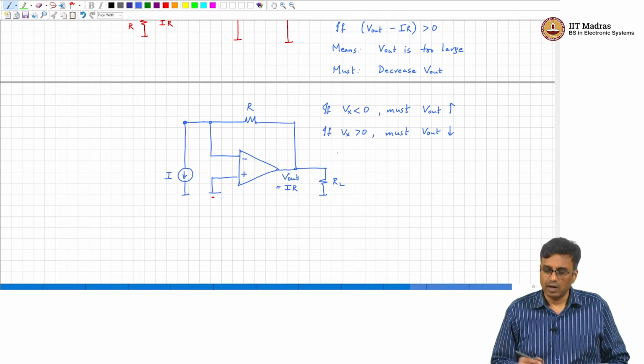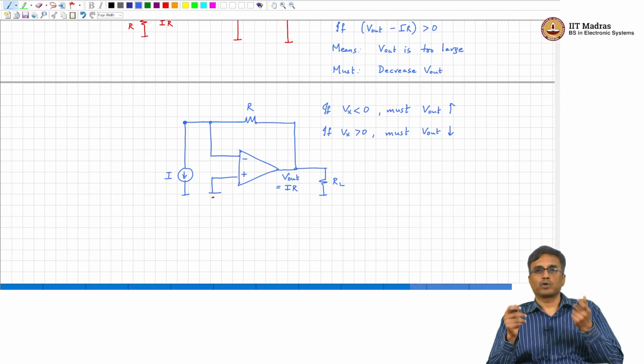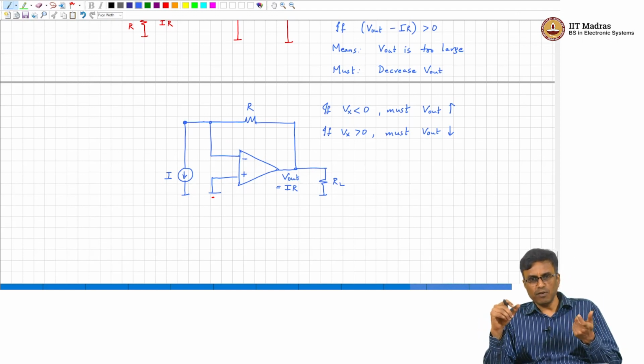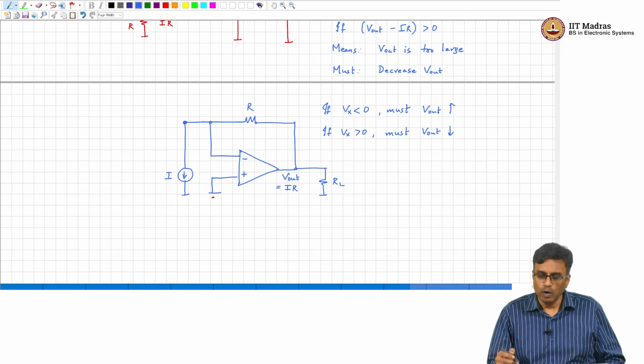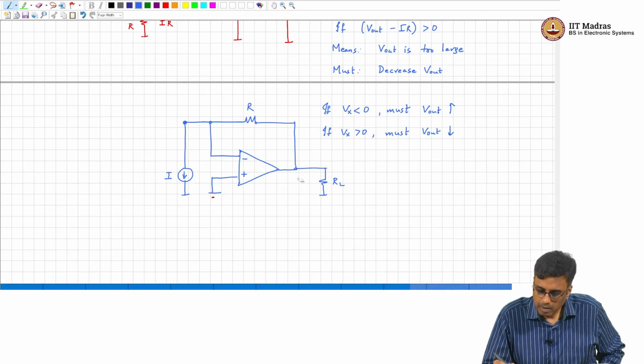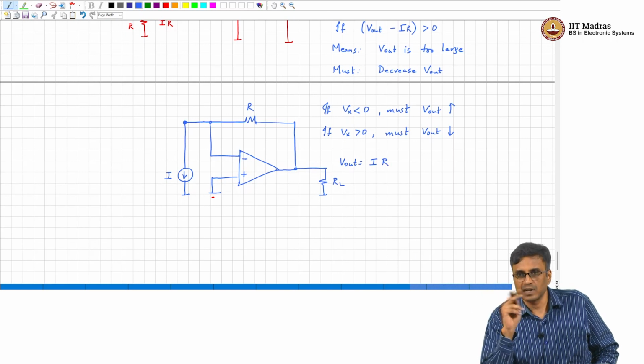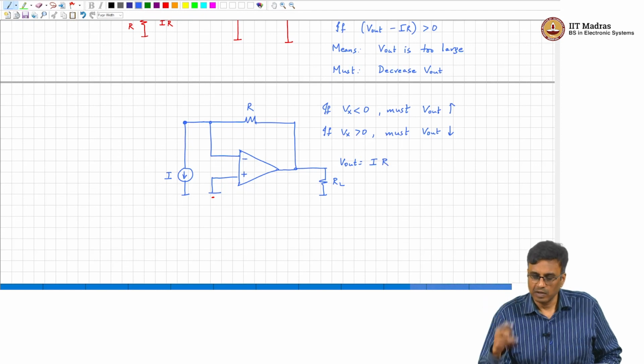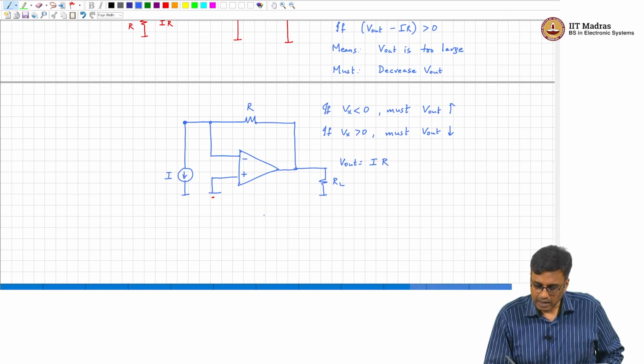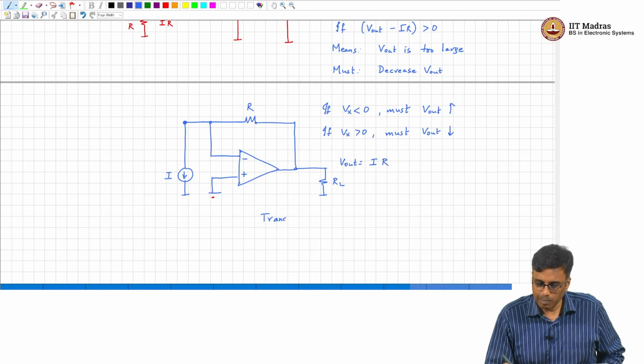And the constant of proportionality between the output and the input, since V out is I times R, is R, which is resistance, correct. So, this is what is called a transresistance or a transimpedance amplifier.